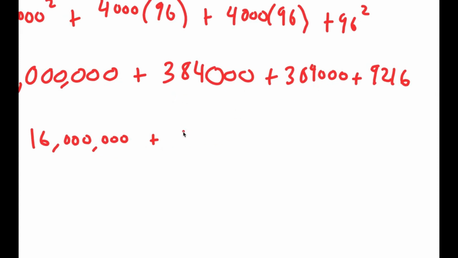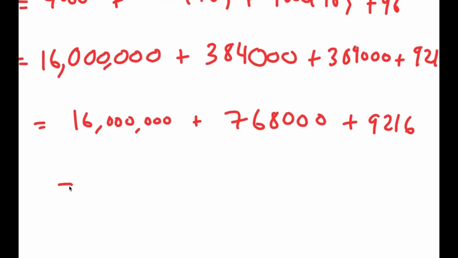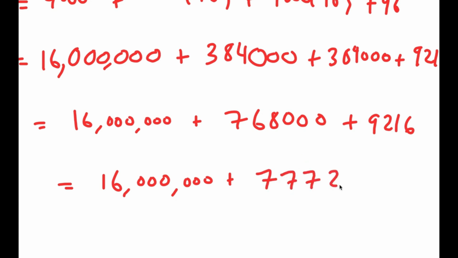So that's going to be 768,000 plus 9,216, which is 777,216.